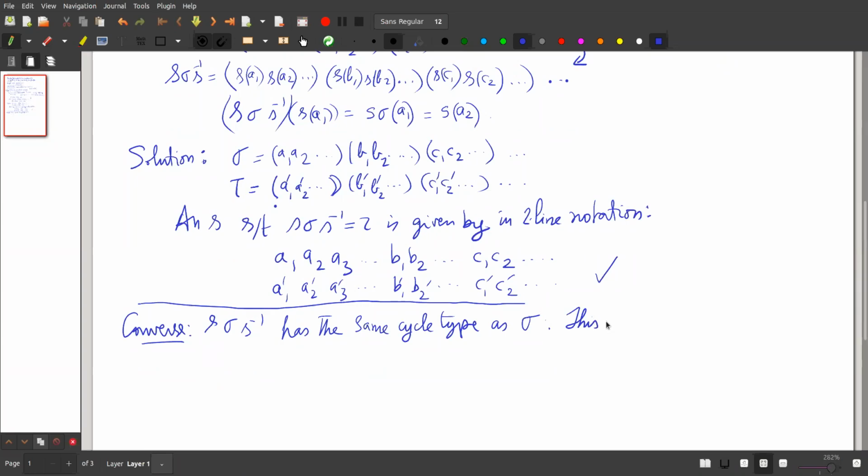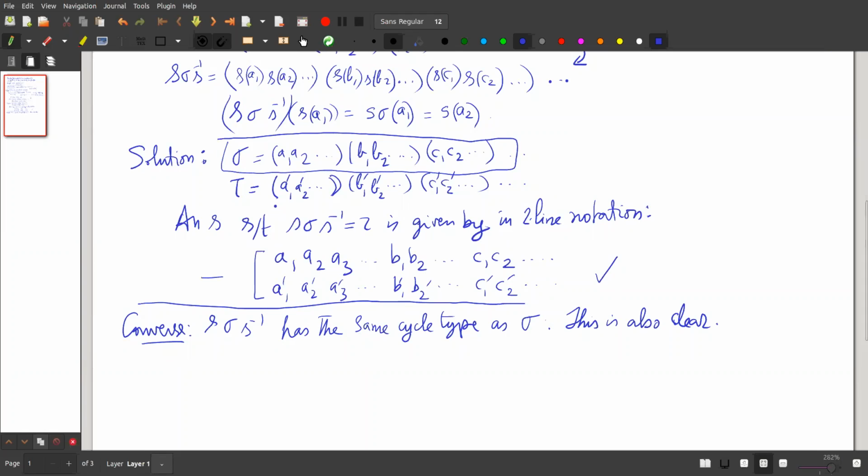Let me explain this in words, and I want you to understand. So let us take sigma as given here, right? It has this cycle notation. And S I express in two-line notation like this.